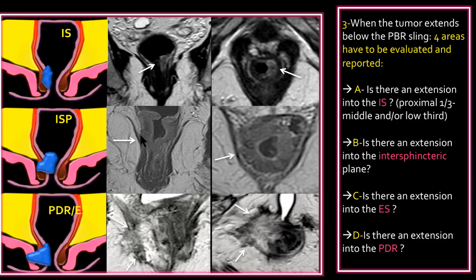And like here, you can see the tumor is going down, there is an extension within the internal sphincter, and this patient needs an amputation. So what they can do, they will do neoadjuvant treatment in order to have a tumor shrinkage and try to avoid this amputation. At the end, this patient got a complete response and now is just on follow-up.